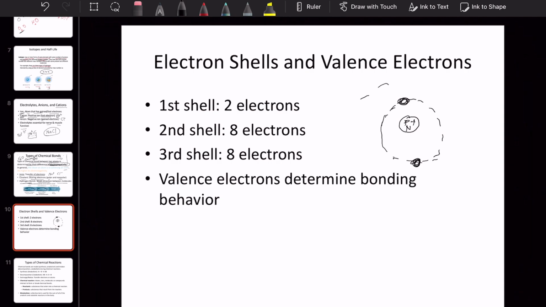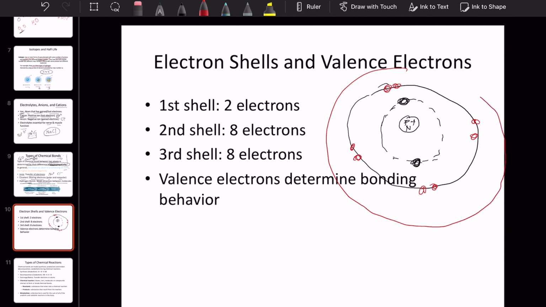The second shell can occupy 8 electrons, so it's an octet, it's stable. The third also holds 8 electrons.